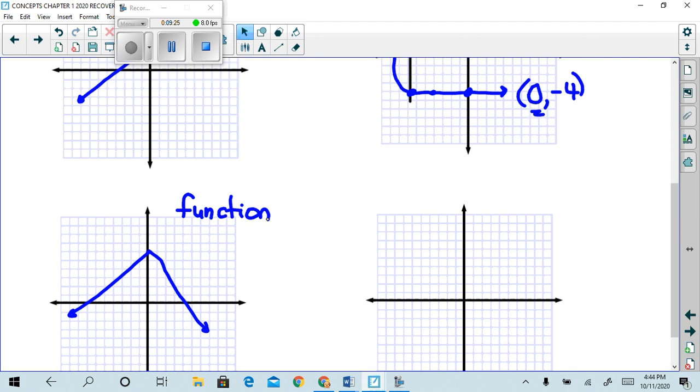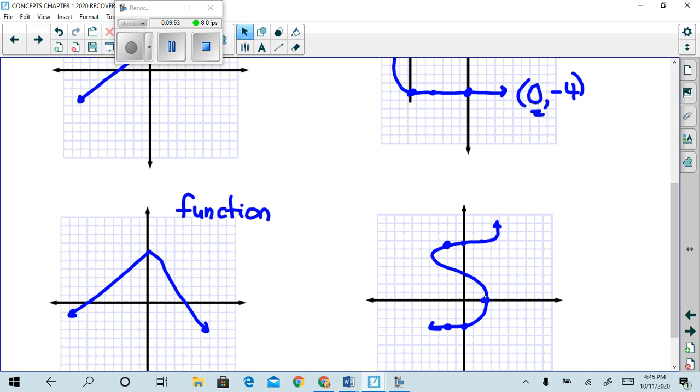And then if I had a graph of a line like this, again, I have points in the same vertical line. Points in the same vertical line tells me that this is not a function.